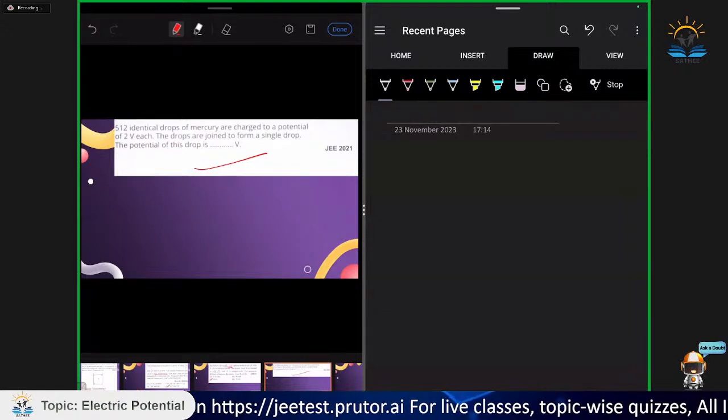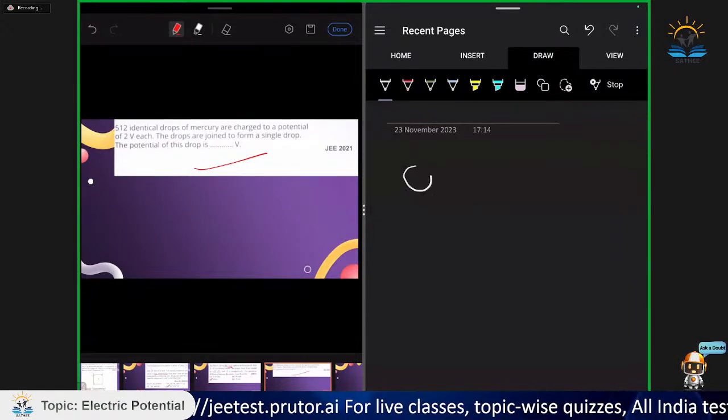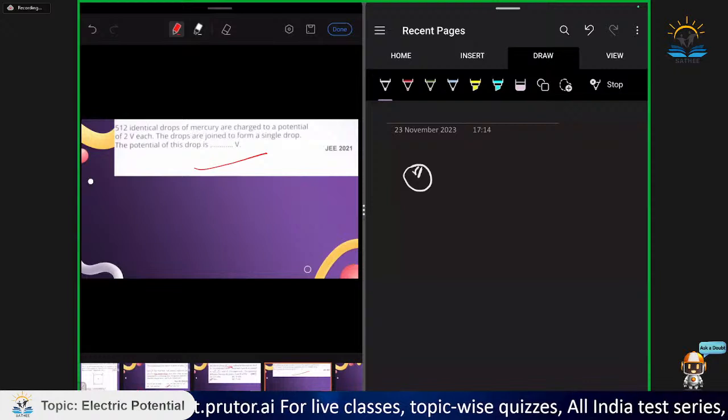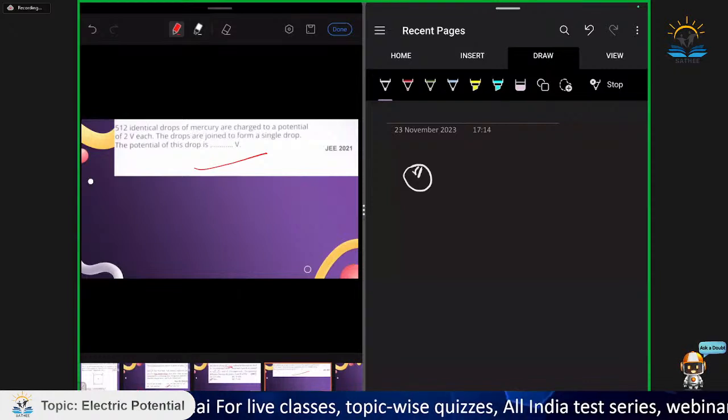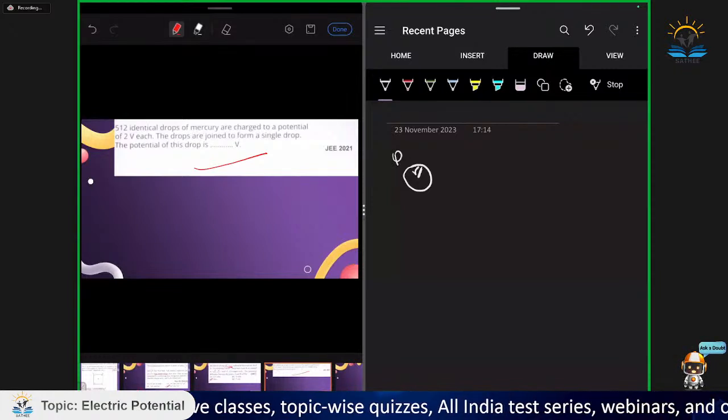Again, this is a small drop having radius r and charge q.